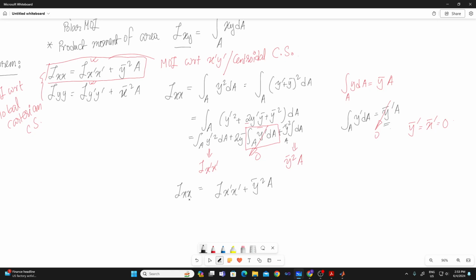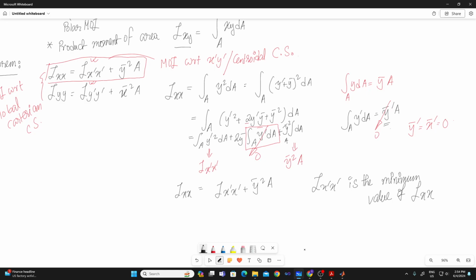Now this will tell you also something, that I x prime is the minimum value of all possible Ixx.